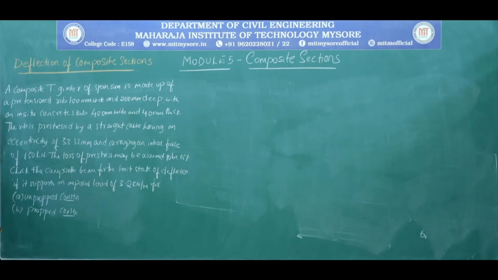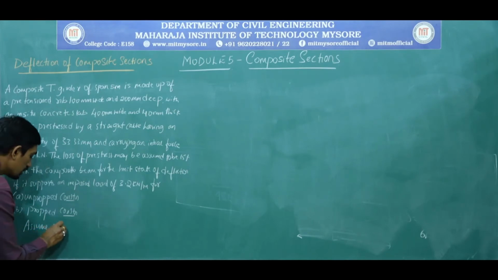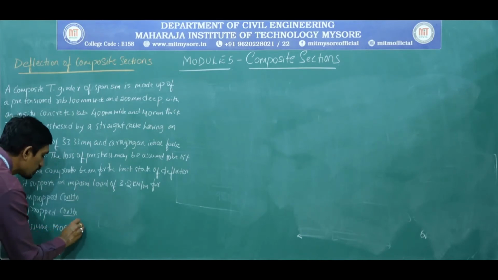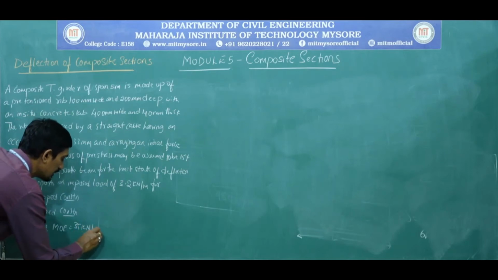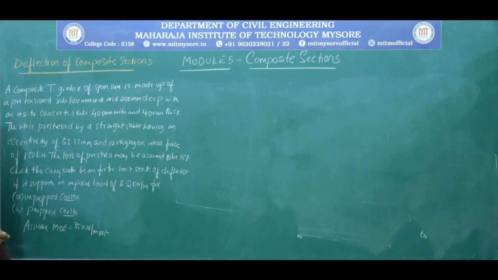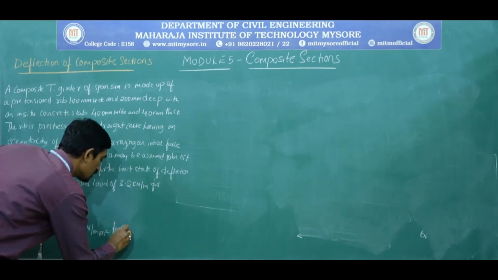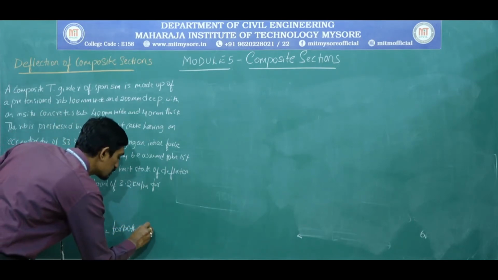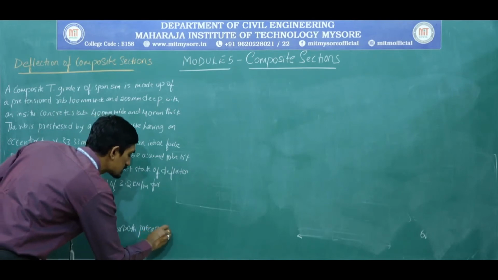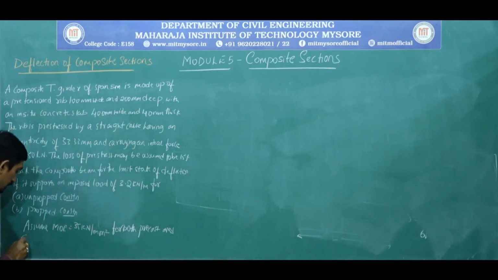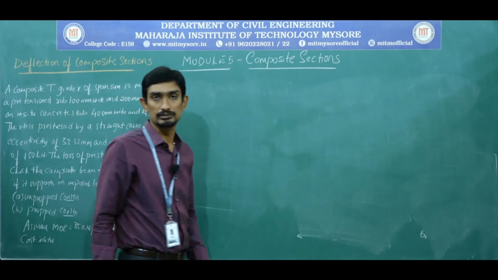Unpropped construction and propped construction, and assume modulus of elasticity is equal to 35 kilonewton per millimeter square for both precast and cast in situ. So this is the problem they have given.